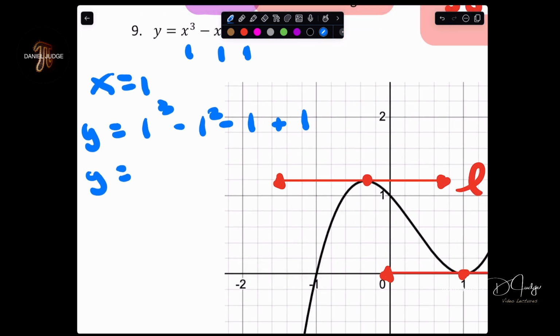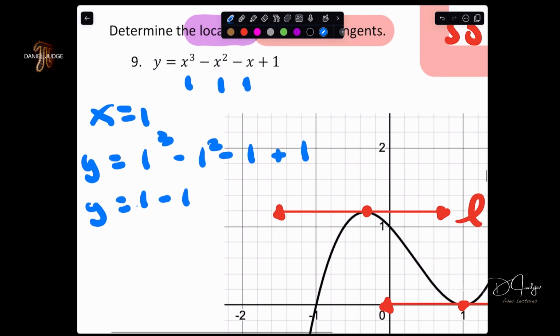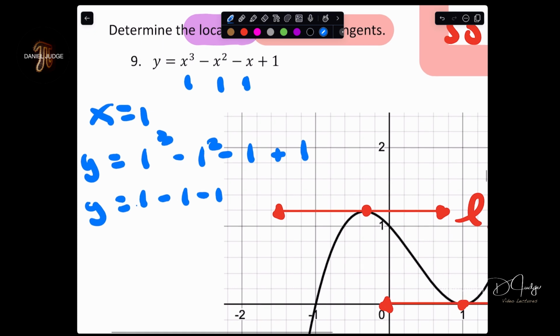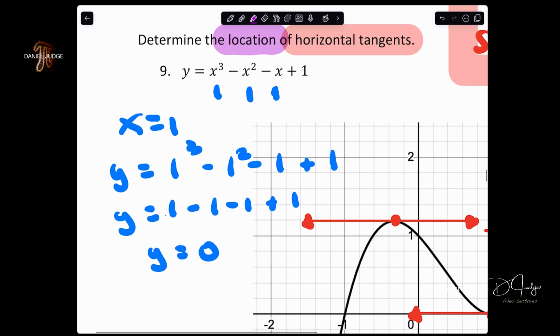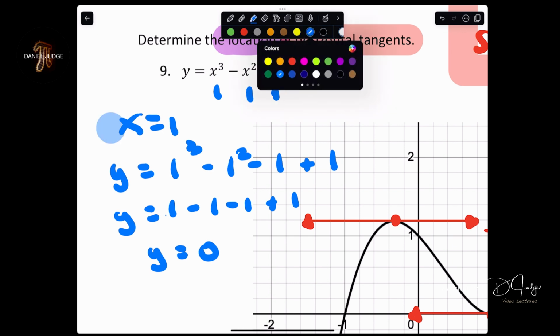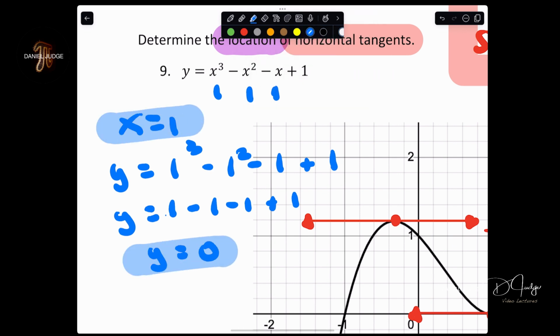Order of operation, let's see what this gives us, is 1 minus 1. Okay, minus 1 plus 1. So now we know y is 0 here. All right, so when x is 1, y becomes 0. So x is 1, y is 0.